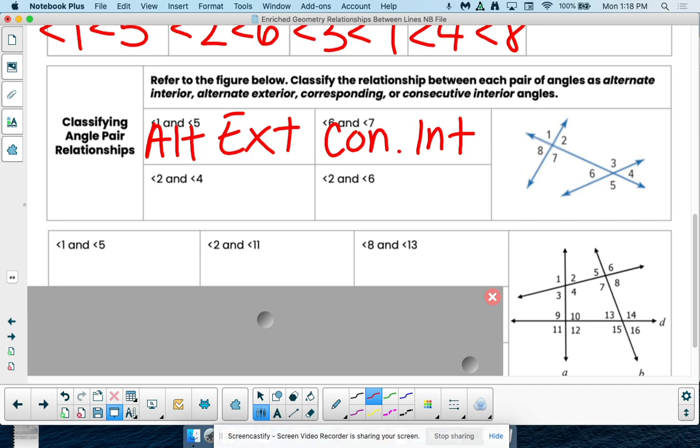Yeah, they're in matching spots. Top right corner, corresponding. And then 2 and 6. Alternate interior. Yep. Opposite sides of your transversal on the inside. Alternate interior.